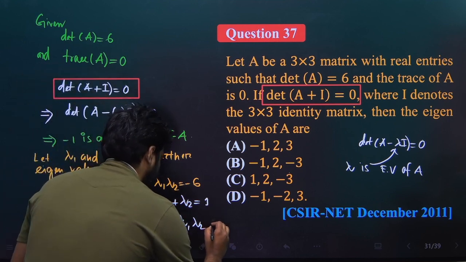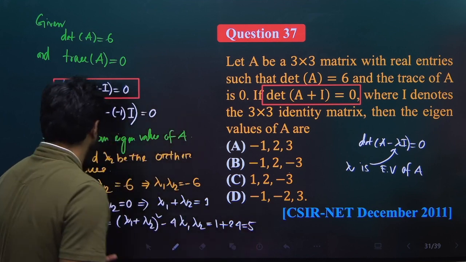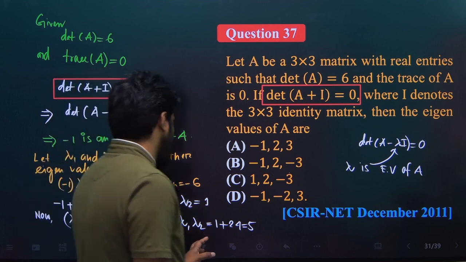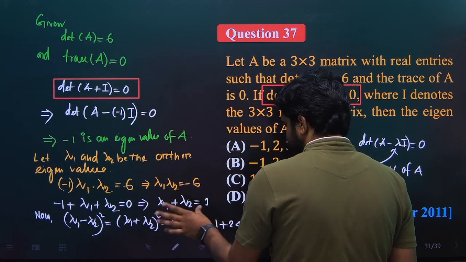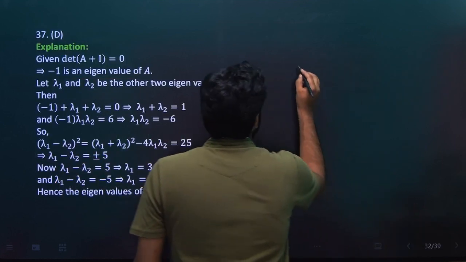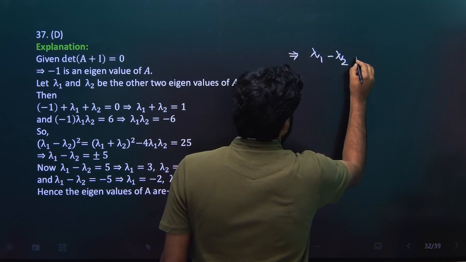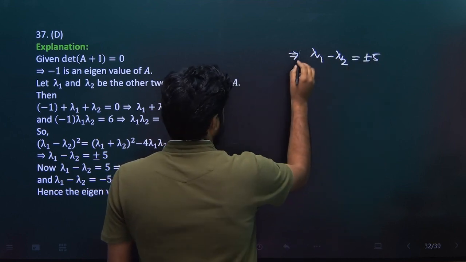So that is 1 plus 24, that is 25. So lambda 1 minus lambda 2 whole square is equal to 25. So what does it mean? That means lambda 1 minus lambda 2 is equal to plus minus 5.